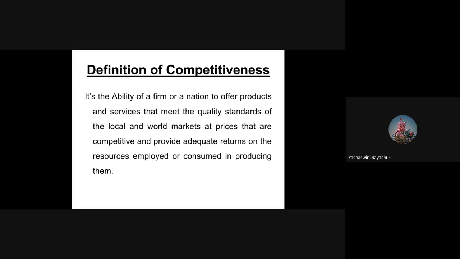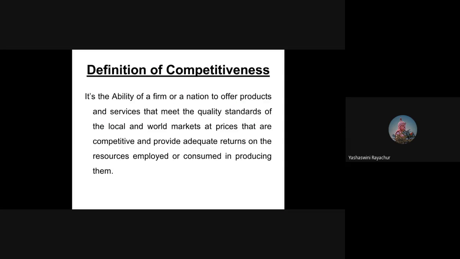Now, defining competitiveness on the basis of price relative to any competitors becomes very difficult. Competitiveness is the same: how best people can offer the products and services to your local market or the world or international market for a certain price, by giving due consideration to the quality standards which people are expecting.